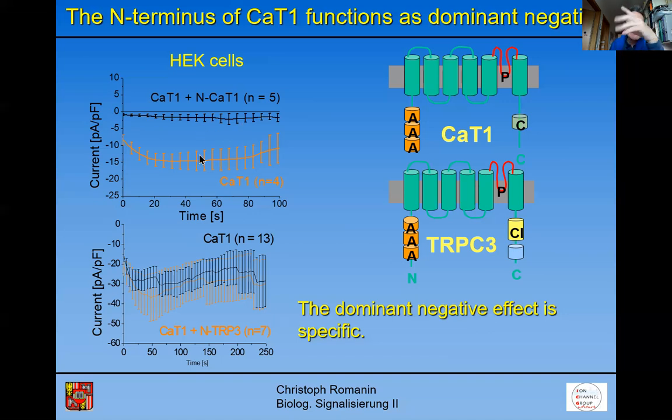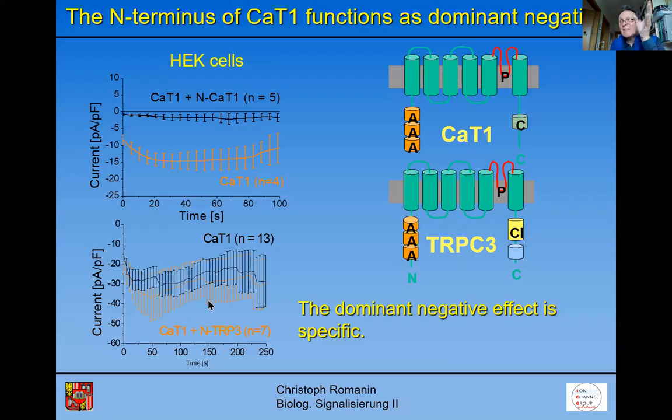So this is a sort of proof that we can use the amino terminus of CAT1 to interfere with CAT1 derived currents. And you can see, as I mentioned before, within the TRP superfamily there are also other channels which belong to the TRPC3 class. They have a similar structure. They also have ankyrin-like repeats.